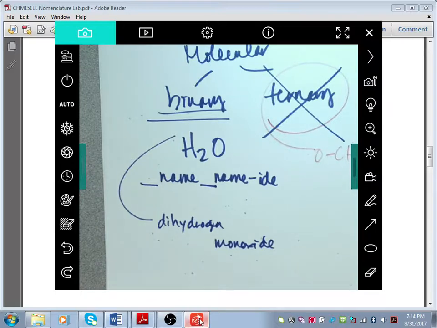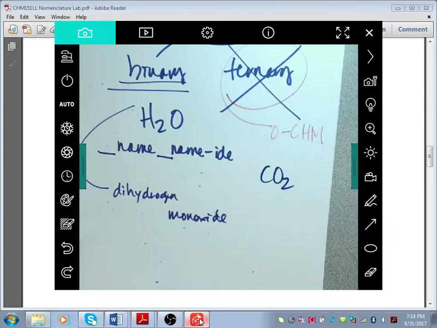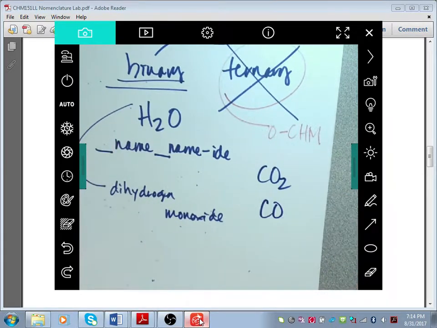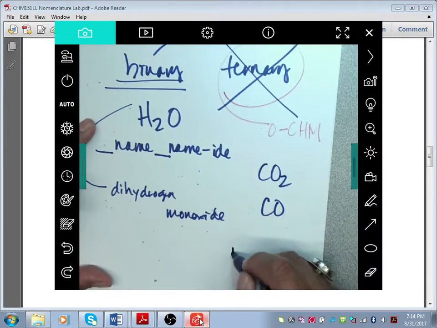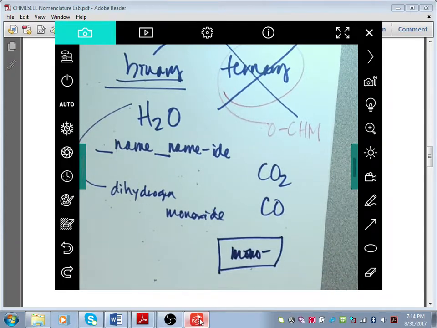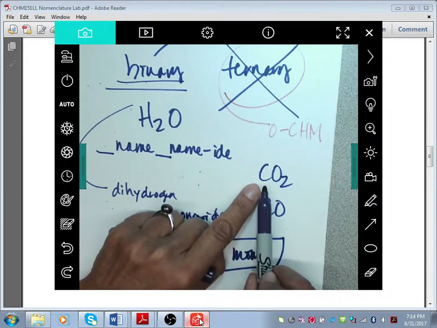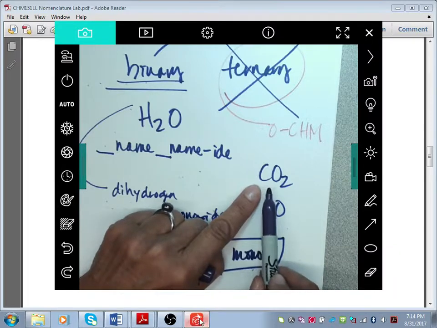All right, you all know the common name for this stuff. Or actually, the IUPAC name you know for this one. What's this one? Carbon dioxide. What's this one? Carbon monoxide. All right, so you notice the mono prefix is the only one that you have to either choose to use or not to use. If the first thing is individual, you don't have to use the mono prefix. So you would not call this monocarbon dioxide.